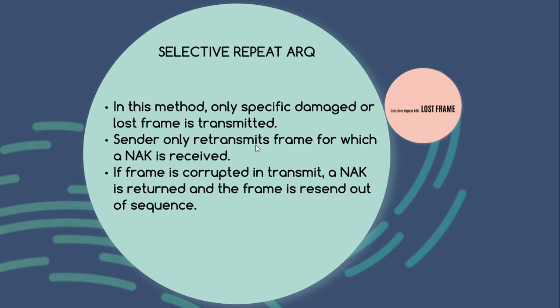Selective repeat ARQ overcomes the limitation of Go-Back-N by adding two new features. First is the receiver window: more than one out-of-order but error-free frame can be accepted. The second one is that the retransmission mechanism is modified: only individual frames are retransmitted.